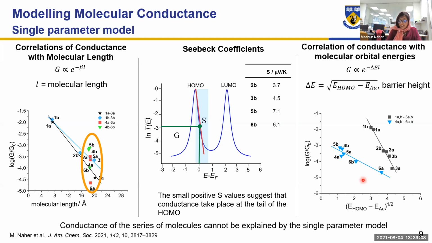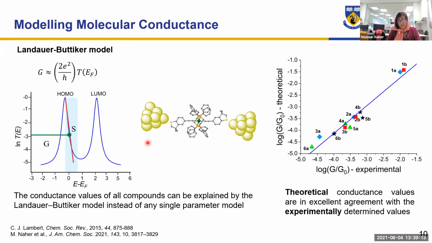Now, to solve this problem, in the next step, we model all of these compounds using the Landauer-Büttiker model. The Landauer-Büttiker model is a DFT-based calculation which combines both molecular length and tunnel barrier height, and also all physical and chemical parameters inside the junction, and gives a complete idea about the junction.